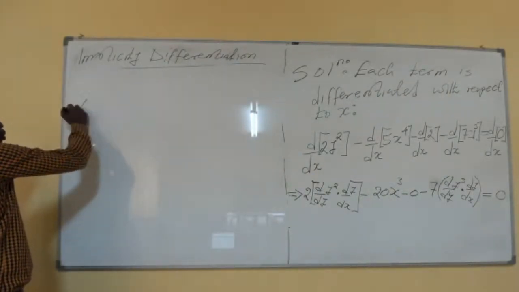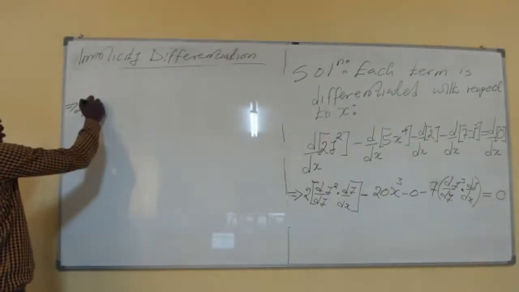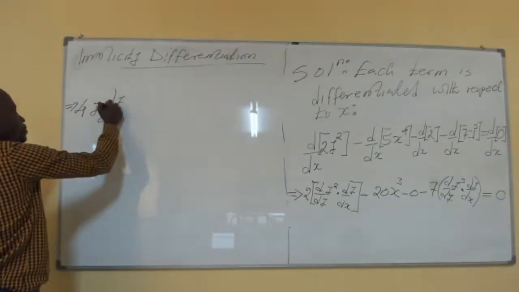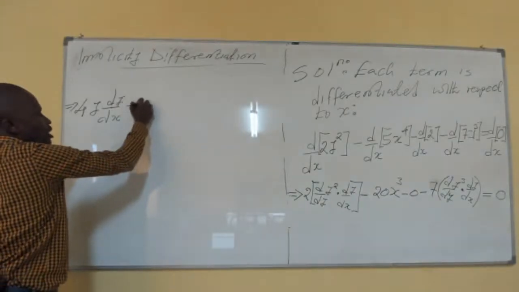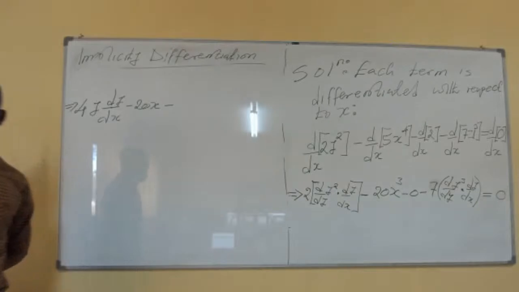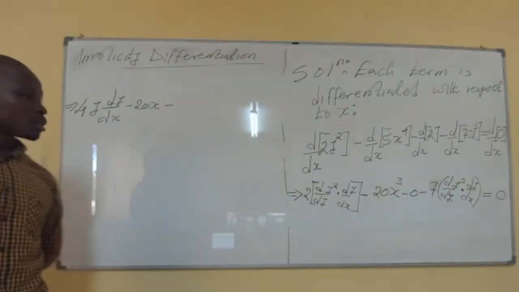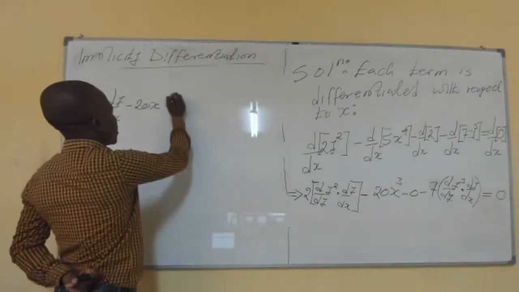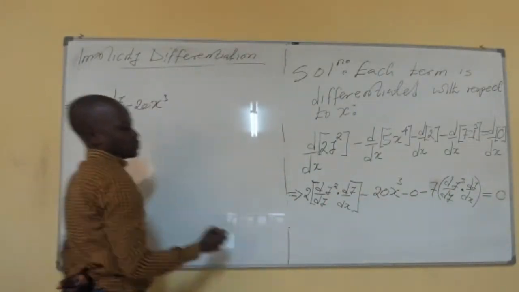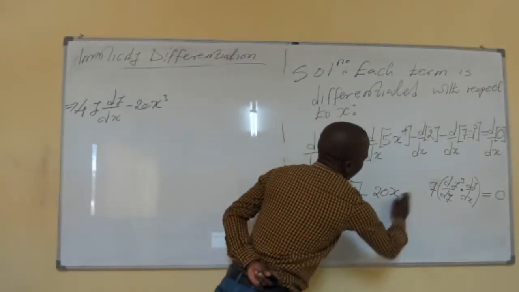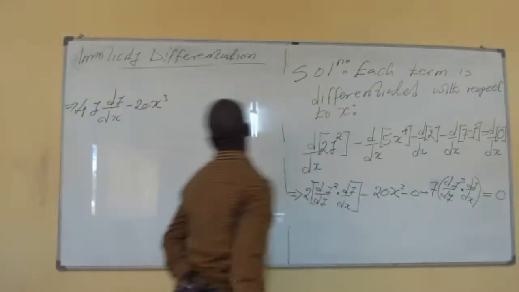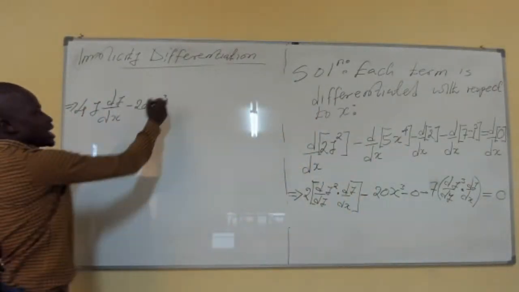Now 2y times 2 gives us 4y dy/dx, minus 20x power 3, minus 0.